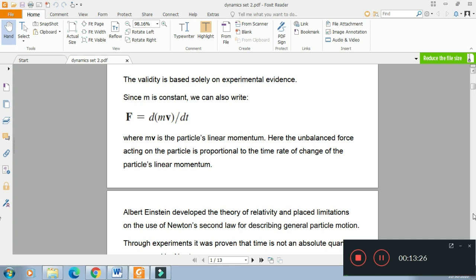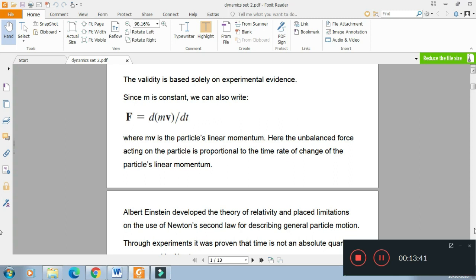This law, the second law of equation of motion, is valid for almost all the engineering applications. There are few exceptions which have been pointed out by other scientists.